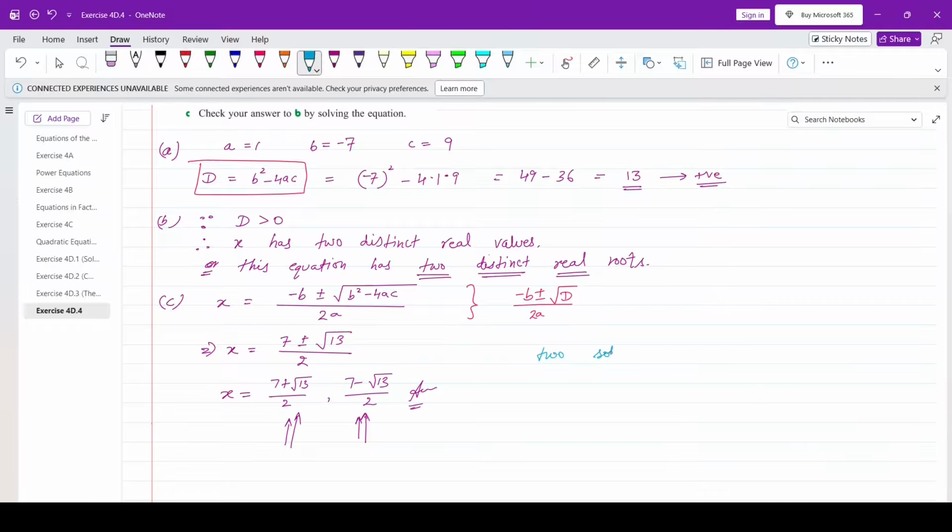Two solutions comes from here. Distinct means both solutions are not equal to each other.